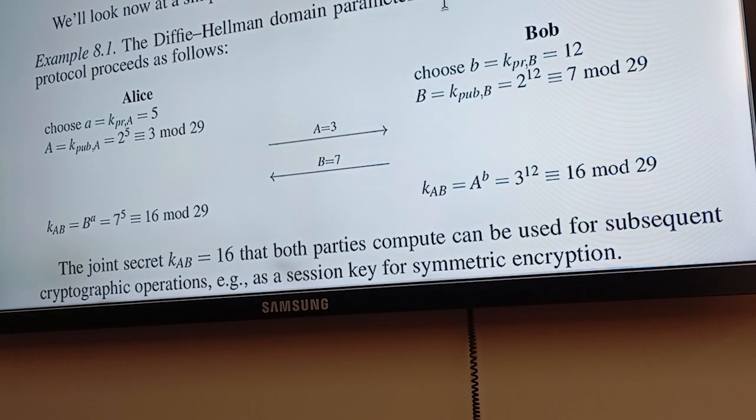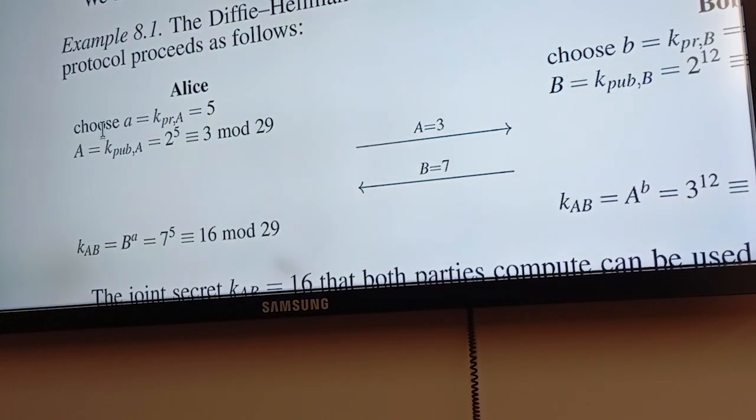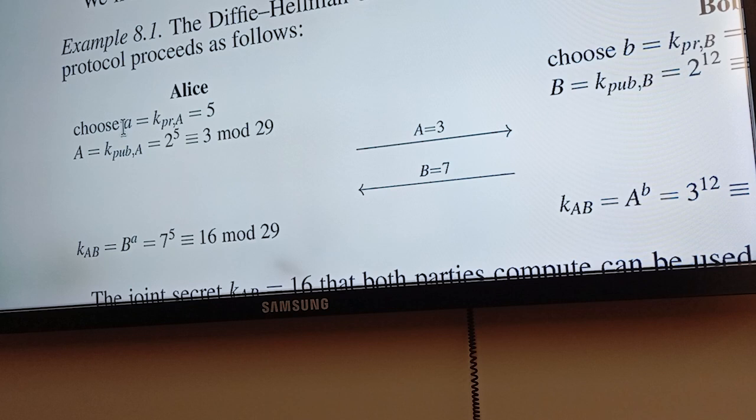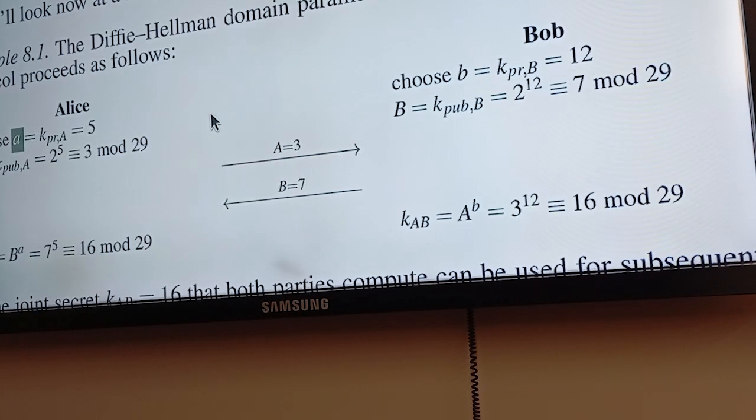We have the domain parameters: 29, which is a prime number, and alpha. Let me zoom in a little bit. Alice selects her private key A. Note that A and B don't have to be prime numbers.